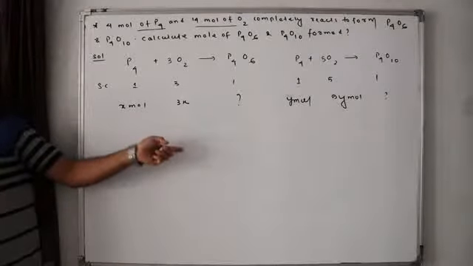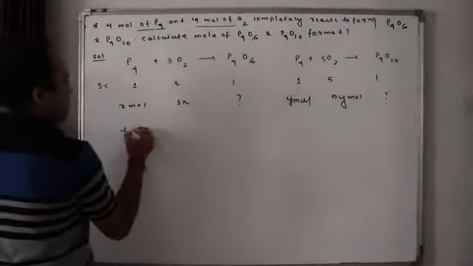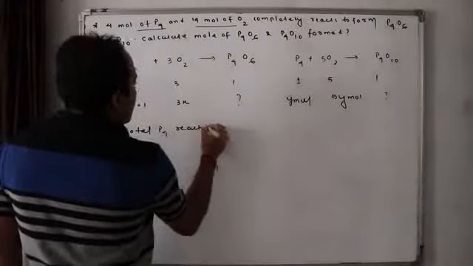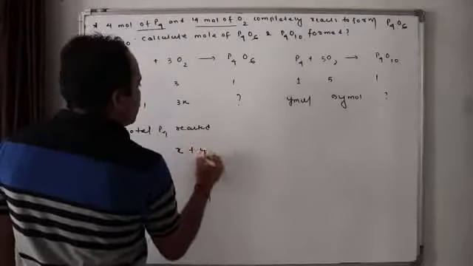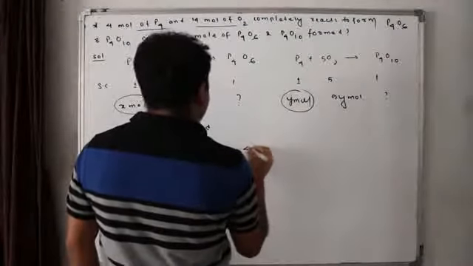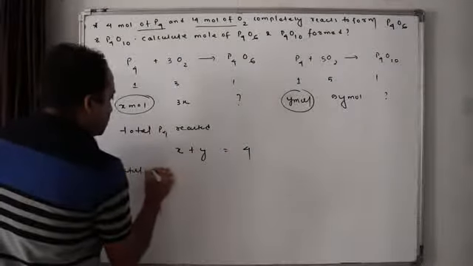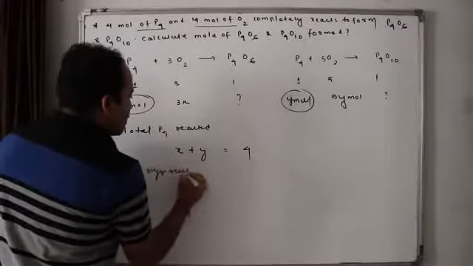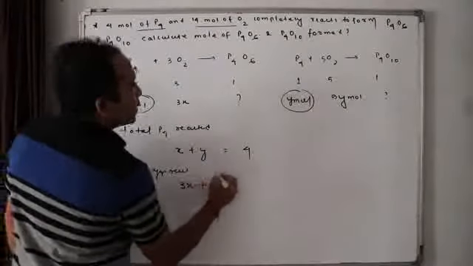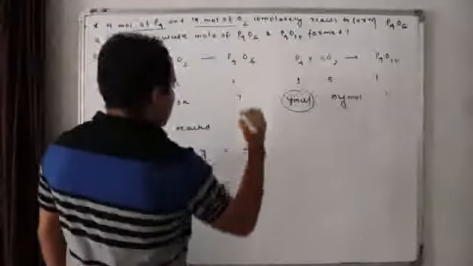Now, our next target is the total P4 reacted. How much? x plus y, x from here, y from here, is equal to 4 moles, isn't it? Total oxygen reacted: 3x plus 5y is equal to how much given? 14.